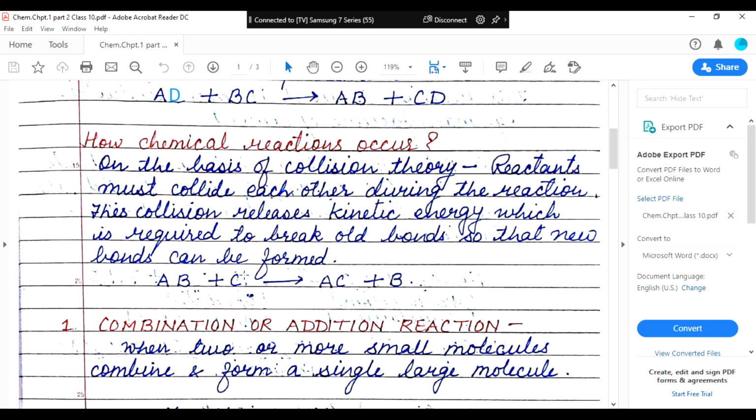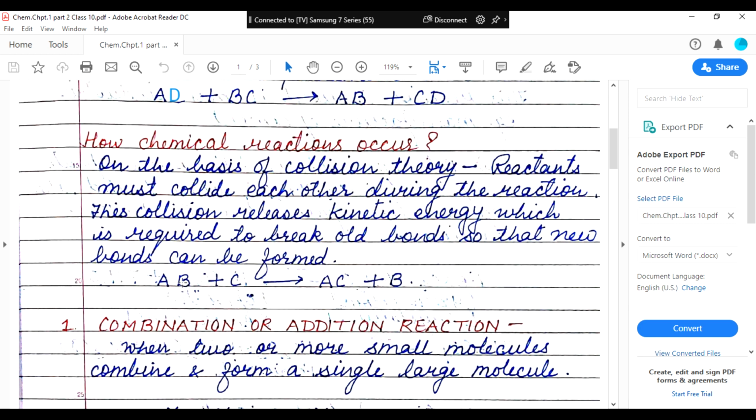Particles should hit each other in the right way. How is it? See this equation. AB is one reactant. It reacts with another reactant C and forms AC plus B. When C hits the AB particle on A, then only AC will be formed.